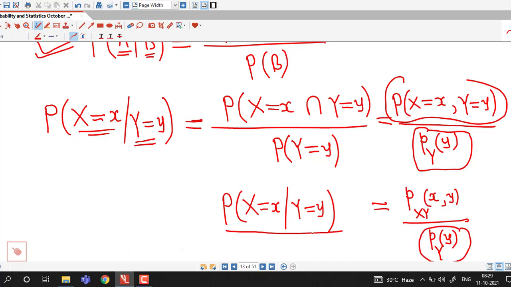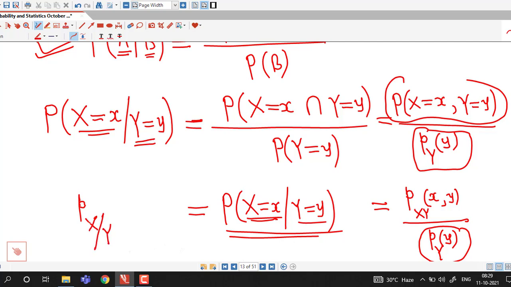So this is known as conditional probability mass function of the event X equal to x given that Y equal to y has occurred. It is denoted by P of X given Y, because we have to find out probability of X equal to x given that Y has occurred.